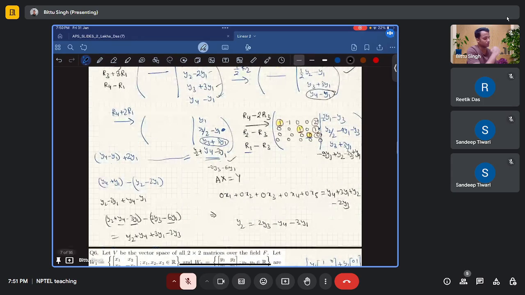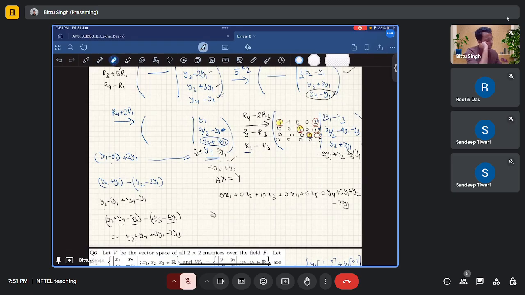Yes, so the correct answer will be like this. The left side is 0. This was 0, 0, 0, 0, the corresponding thing. And this was 0, 0, 1, 0. Okay. So that was the matrix.